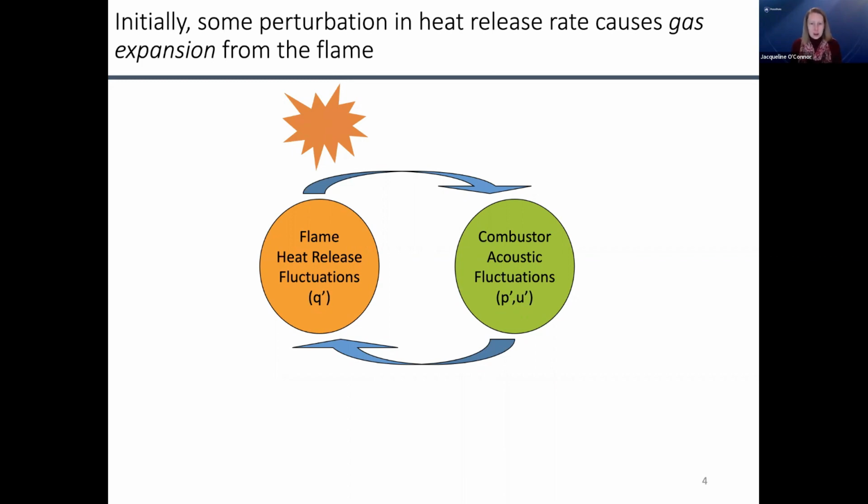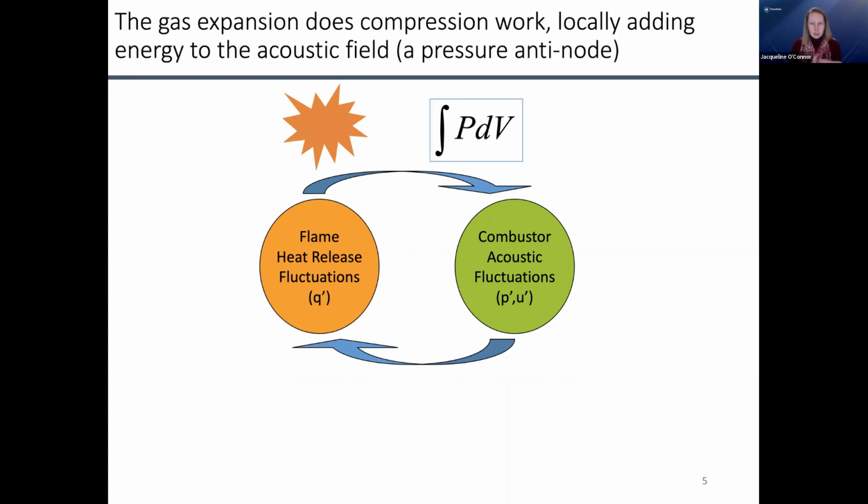I'm teaching thermodynamics right now, so we all remember that expansion does PDV work, or expansion work, on the surroundings. And that PDV work, if it's aligned with a portion of the acoustic field correctly, so where the acoustic field is susceptible to forcing, then you can transfer energy from the flame into the acoustic field.